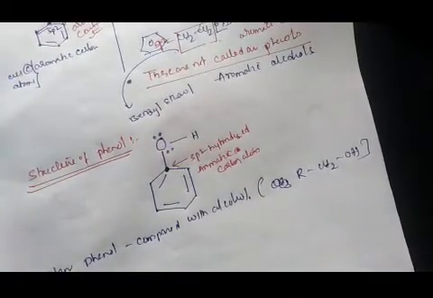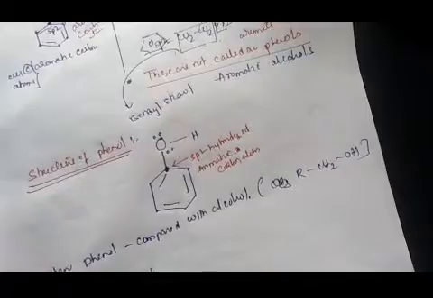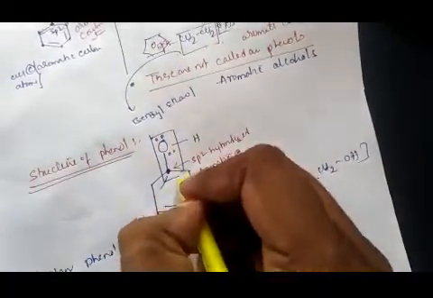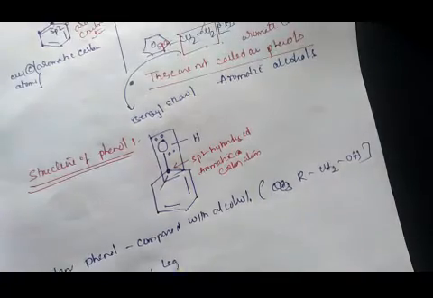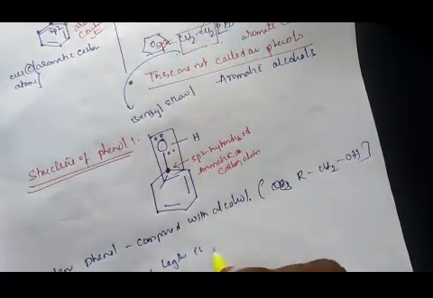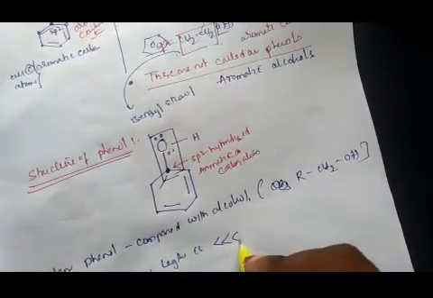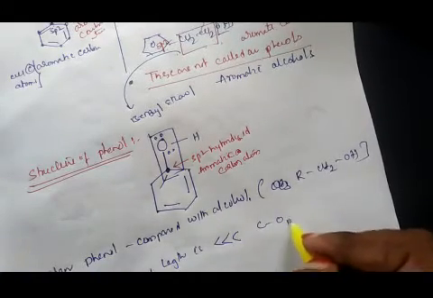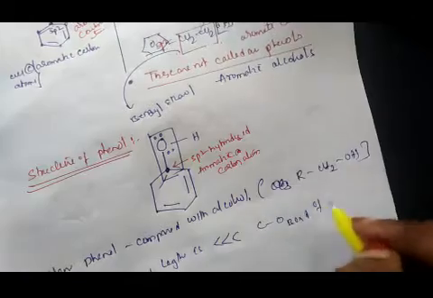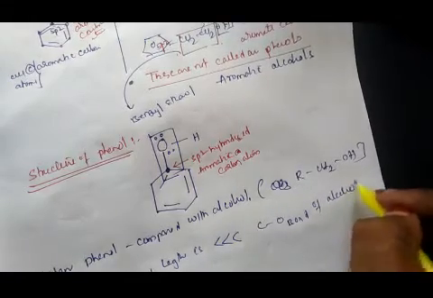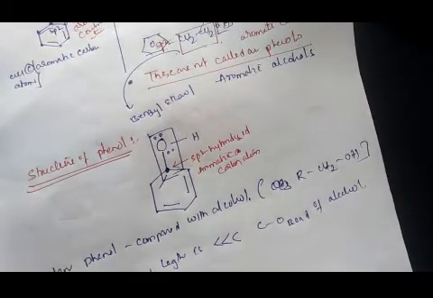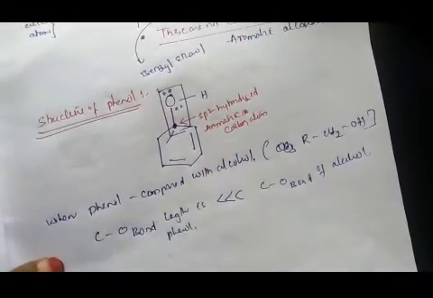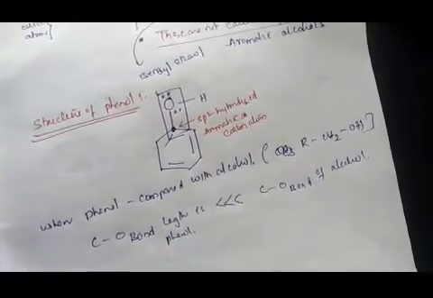The CO bond, between the sp2 hybridized carbon atom and the oxygen atom, has a bond length that is very much less than the CO bond length of alcohols. So the CO bond length of phenols is always less than that of alcohols.